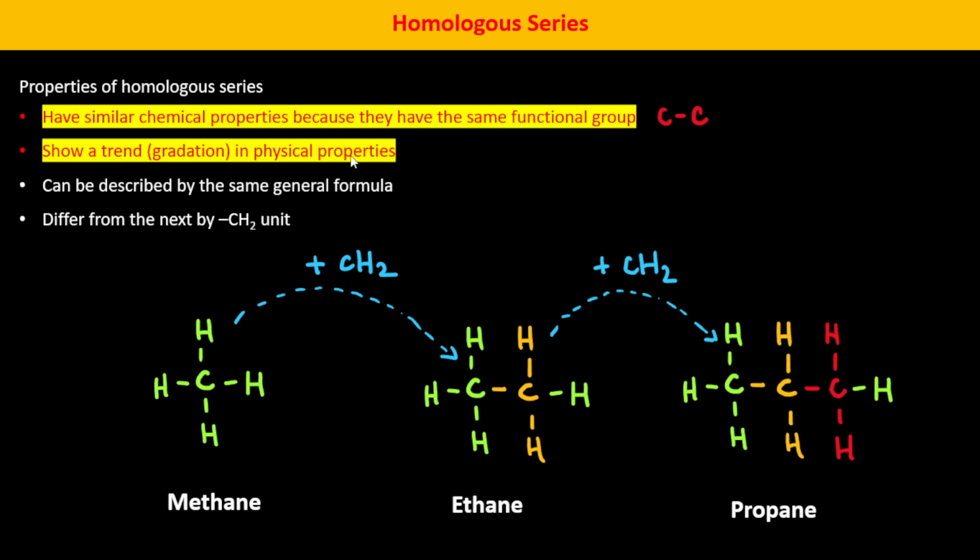They can be described by the same general formula, which is CnH2n+2. And they differ from one member to the next by a CH2 unit. So it's very important for you to study this by heart, I would say, because when they ask you what are some of the properties of homologous series, I need you to be able to answer this properly and precisely.